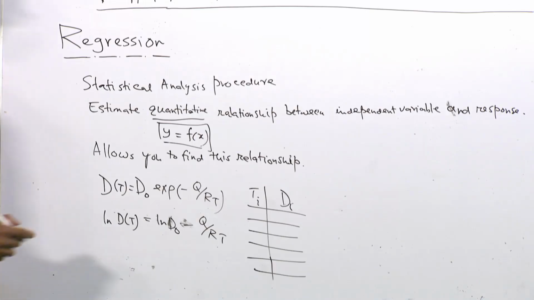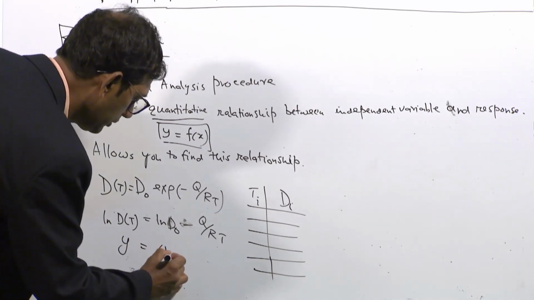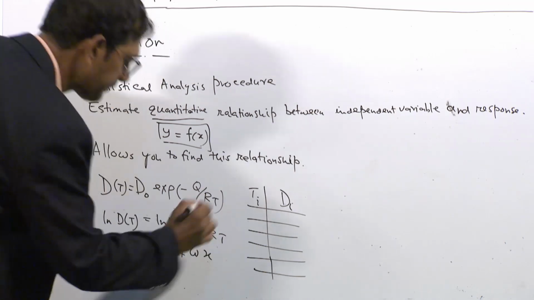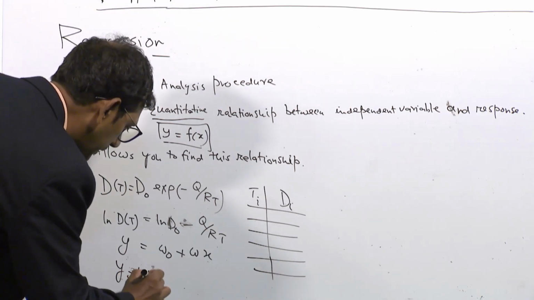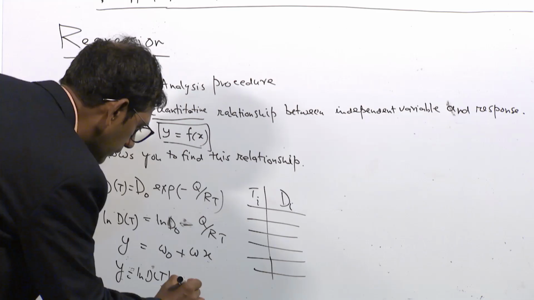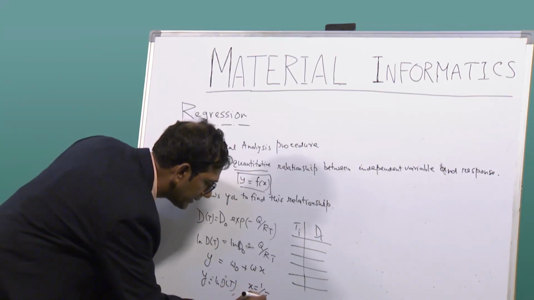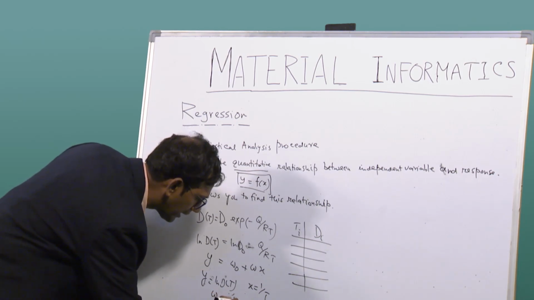So, very simply, I can write an equation y = W0 + Wx, where y is log of D and x is 1/T. So, W0 is the intercept of a straight line equation, right?